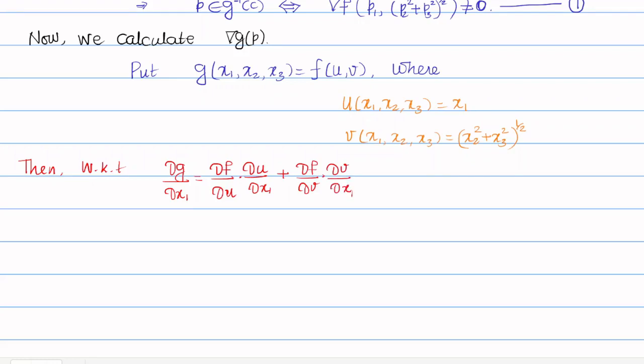So this is my definition. So dou g by dou x1, this is by chain rule. Okay, chain rule.